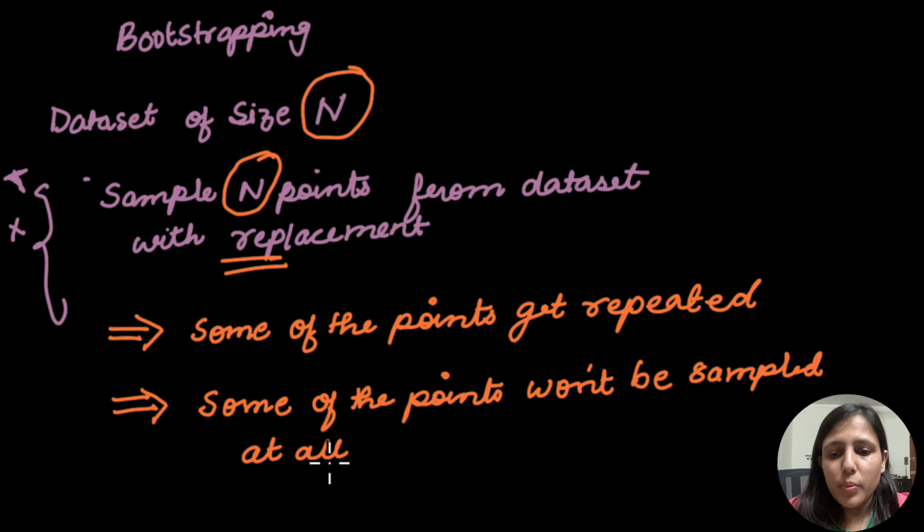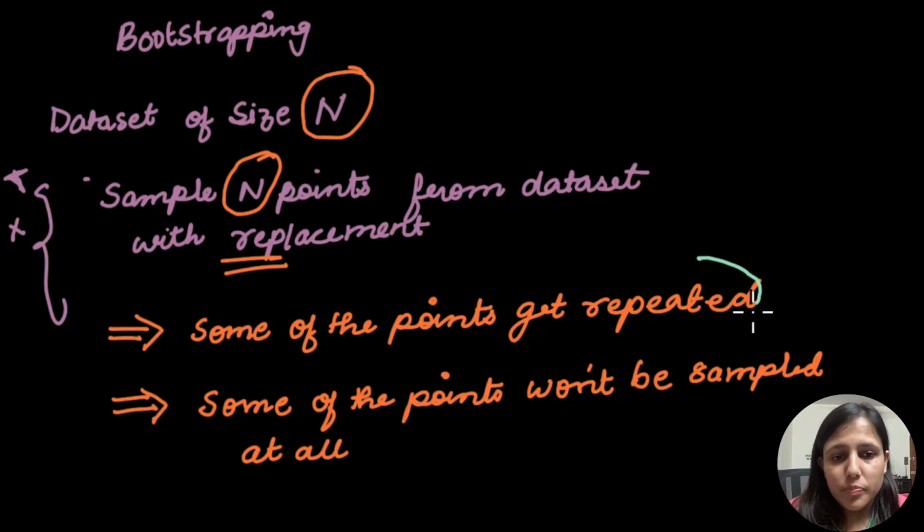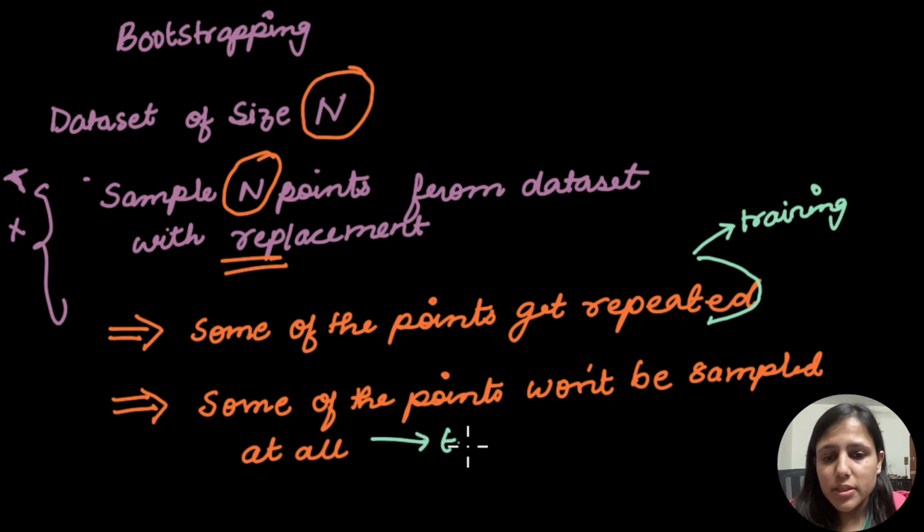So how we are constructing the training data and test data from this is, the points that we got after sampling will be in training data, and the points that did not get sampled in this iteration at all will become the test set for the iteration.